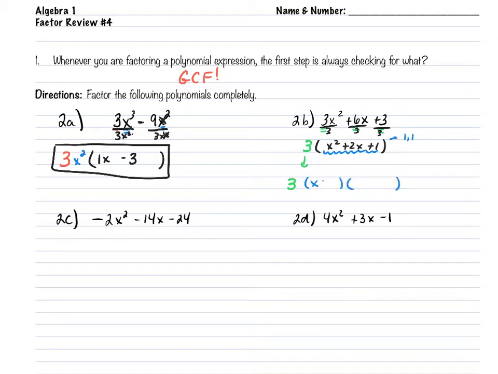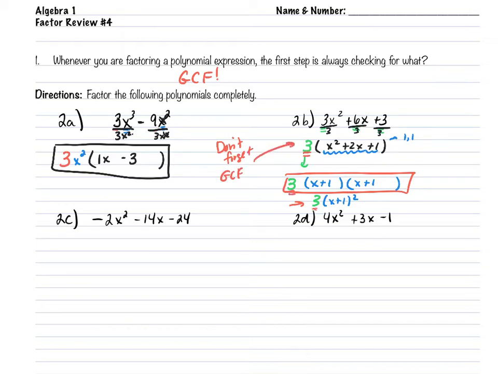And of course, that is positive 1 and positive 1, which you could also have written as x plus 1 squared. So either one of these would be correct. And the big idea here is don't forget your GCF. After you factor it out at the beginning, that's always just chilling in front of your factors.